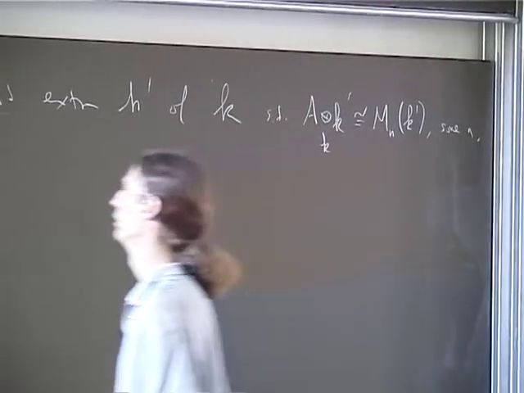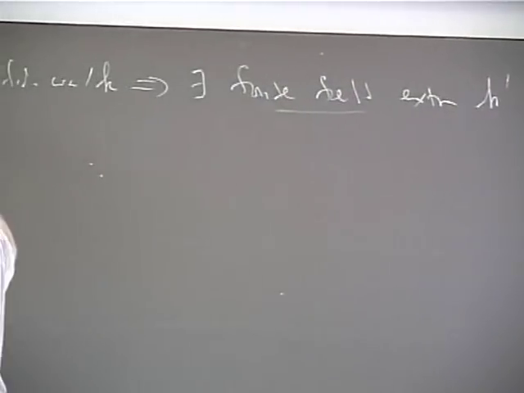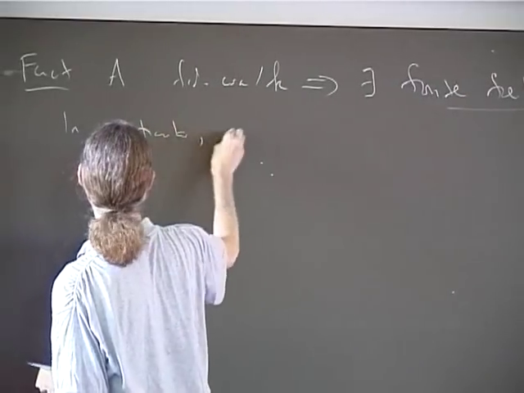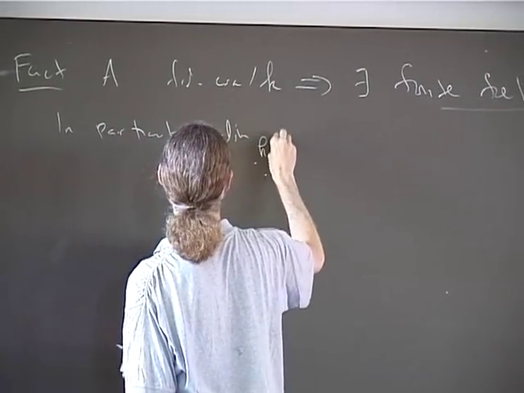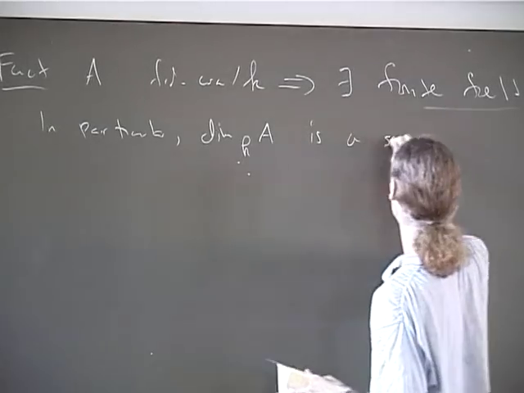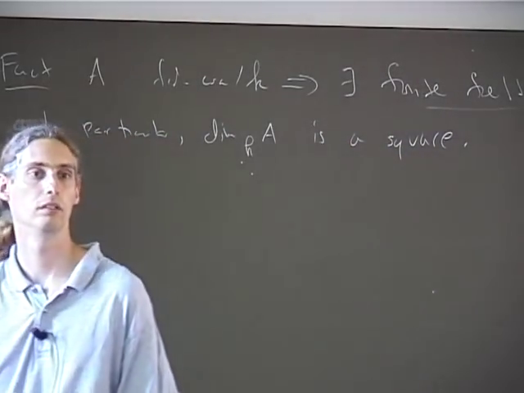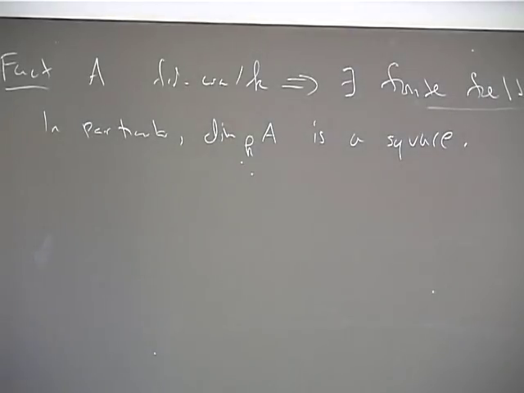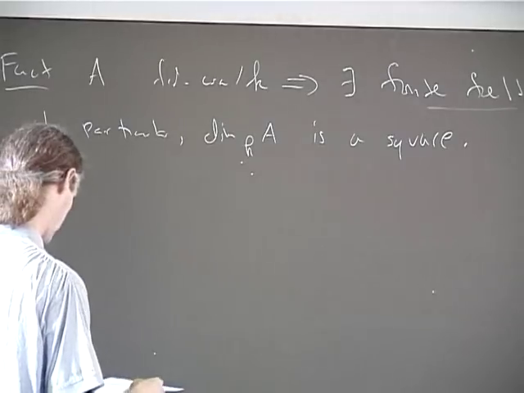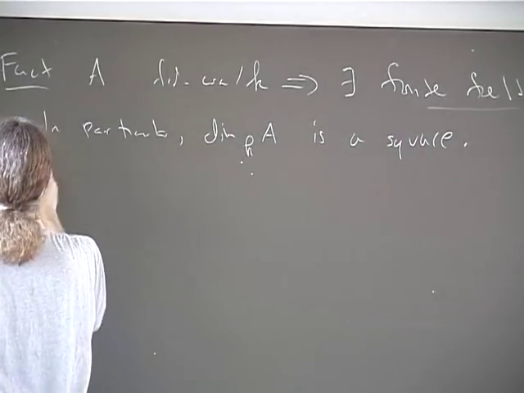So in particular, any central simple algebra has dimension that's a square. Okay, so let's look at some examples.